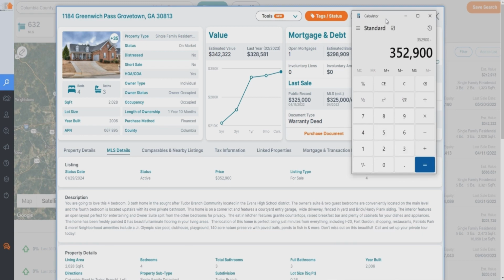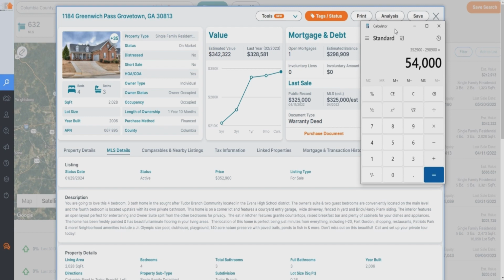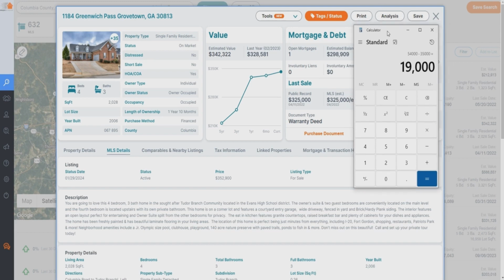352.9 for the sake of example. The seller has about $54,000 of equity. If you were to give the seller 10% down at their current list price, that would be $35,000. Of the $35,000, there would be a remainder loan balance of $19,000 or $19,000 of equity.